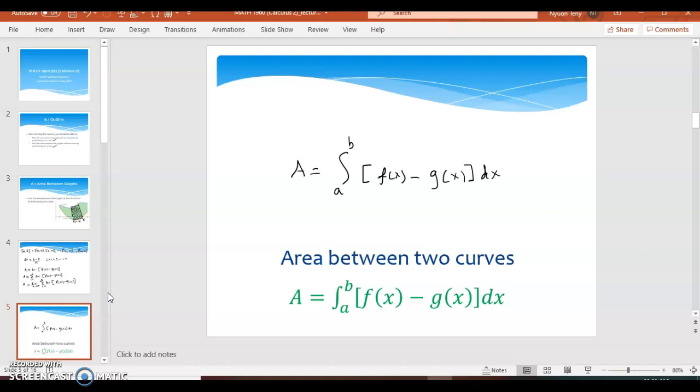This is the formula that we will always use to find the area between two curves when we are partitioning the x-axis.